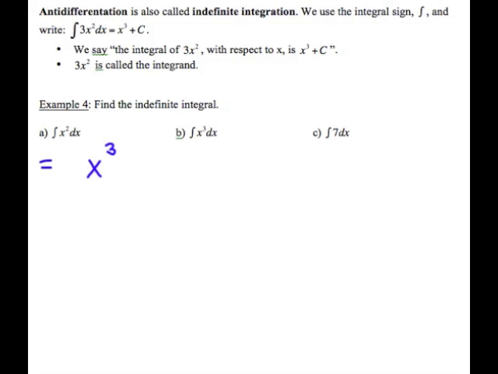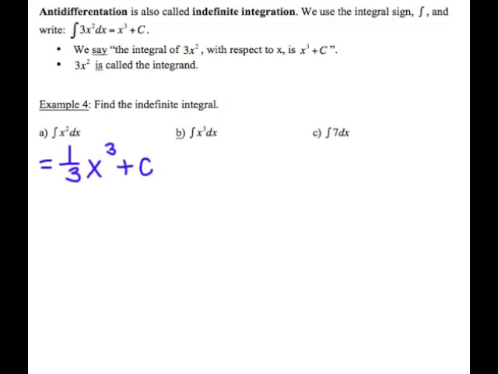But let's stop for a moment there. If we take the derivative now, we would get a 3 in front. And we don't have a 3 in front in that integrand. So I think the way to fix that is to multiply by 1/3. And don't forget your constant.